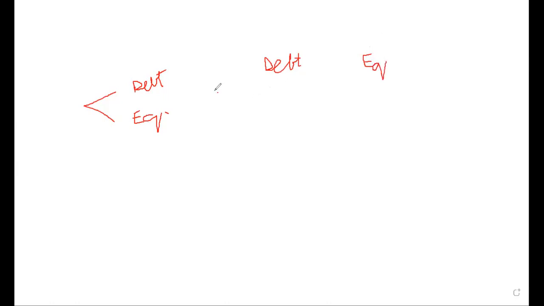In case of these capitals, cost is low in case of debt capital, and in case of equity it is high. In case of risk, debt capital has a high amount of risk and equity has a low amount of risk. Why would this be?